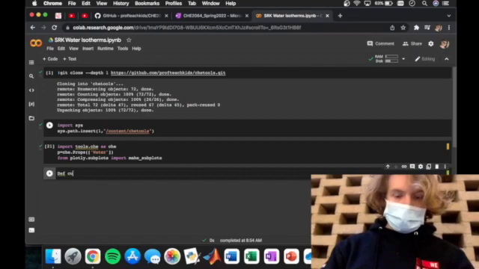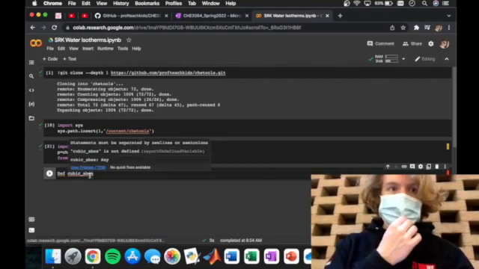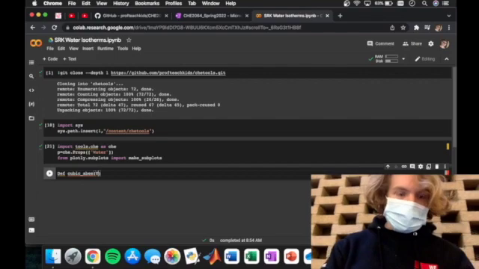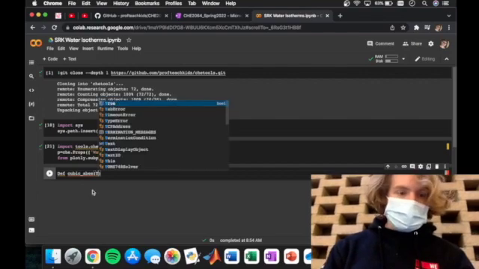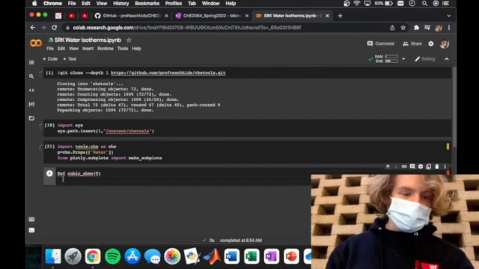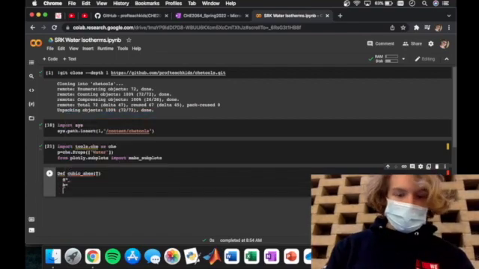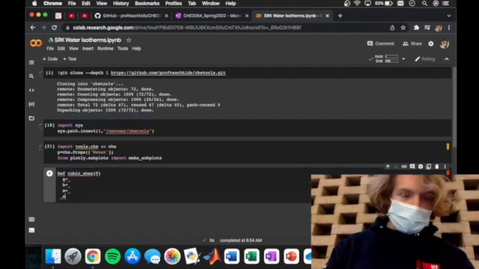We'll call it cubic_ABES, since those are the values we want it to return. We want it to return our A, B, epsilon, and sigma values. And we're going to be using temperature to do this. We're going to import the temperature in, so we'll go ahead and do that. Alright, and we're going to want it to solve for A, B, epsilon, and sigma.